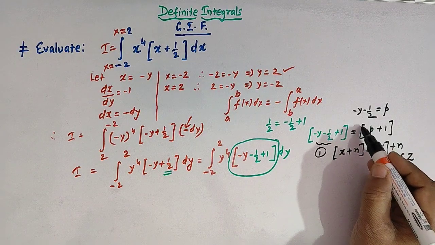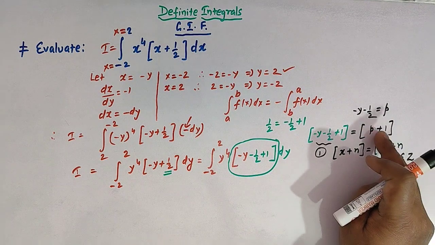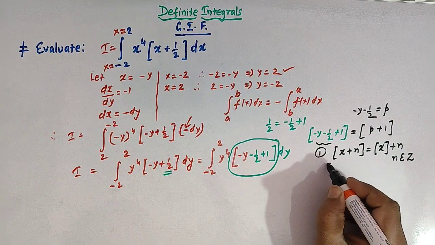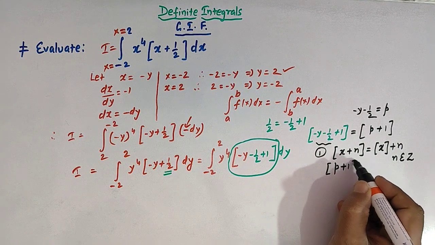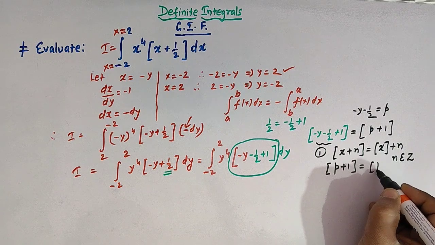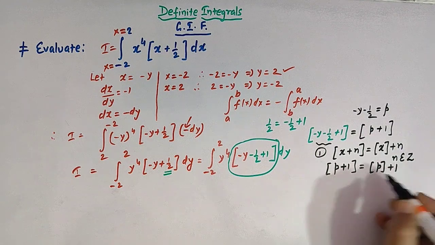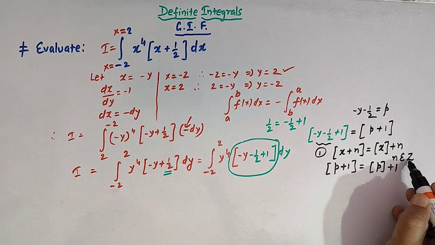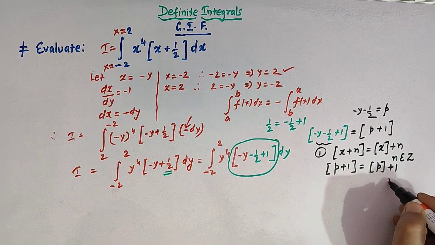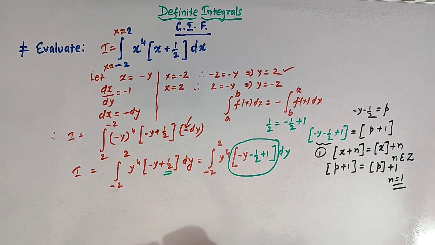So here, if we apply this property to this term, then the greatest integer of p plus 1 becomes the greatest integer of p plus 1, and here 1 is the integer, so the value of n is 1.